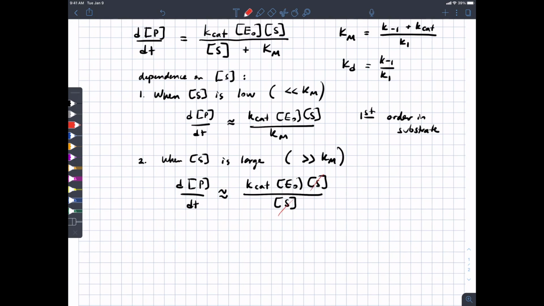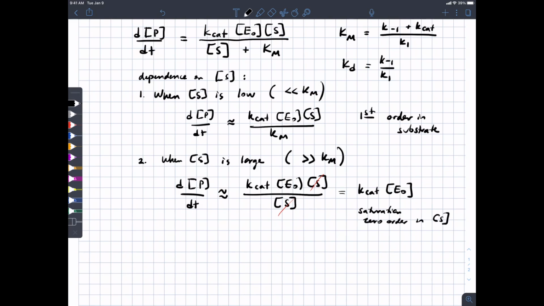Then that substrate concentration would cancel out, and you're left with just Kcat times the enzyme concentration.